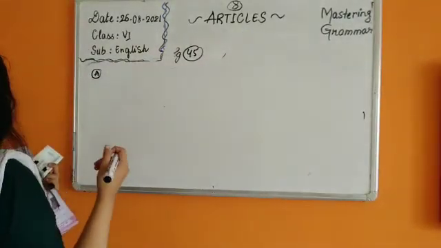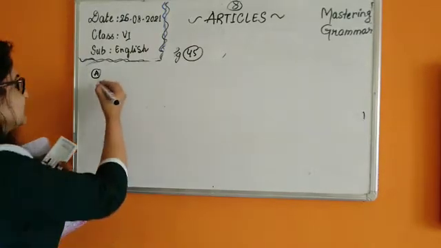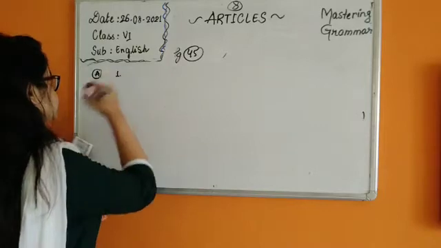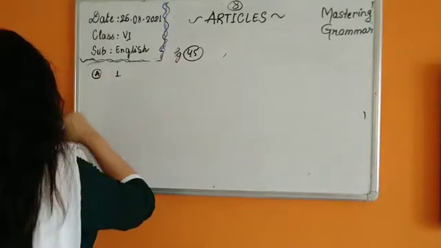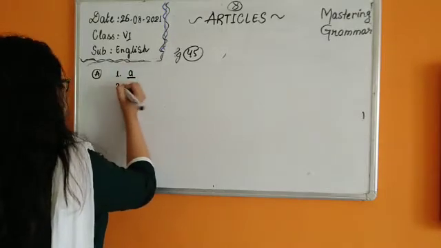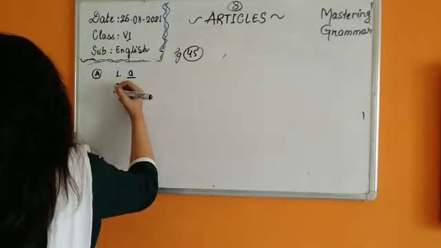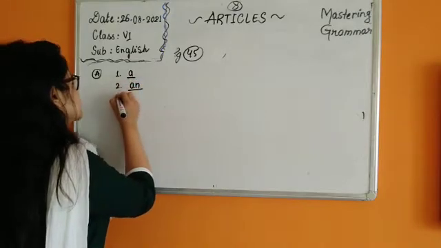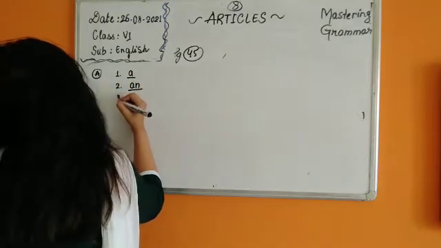Number 1. Lucy Gray was dash little girl. See, little, what sound is it? 'L' sound. So, a little girl. Number 2. It will take us 'our', so an hour, because H is silent here. Number 3.